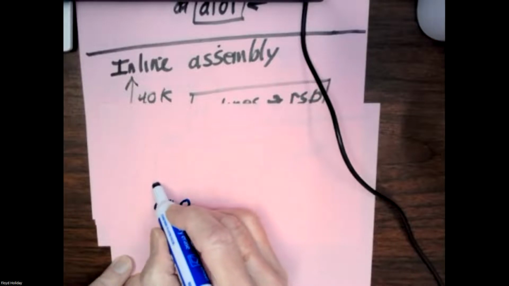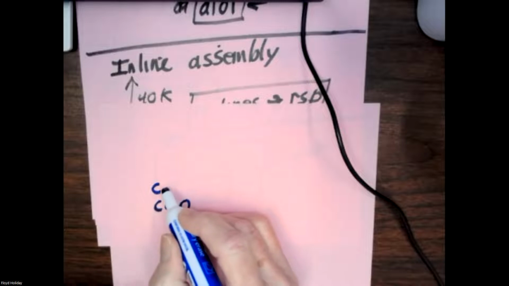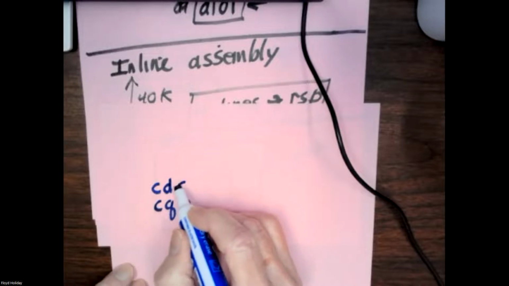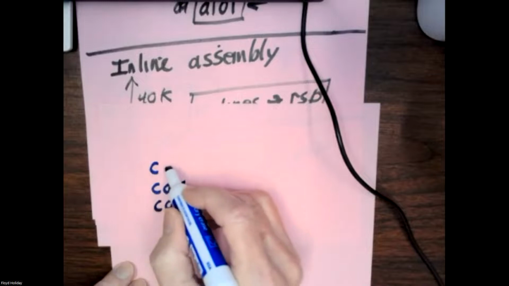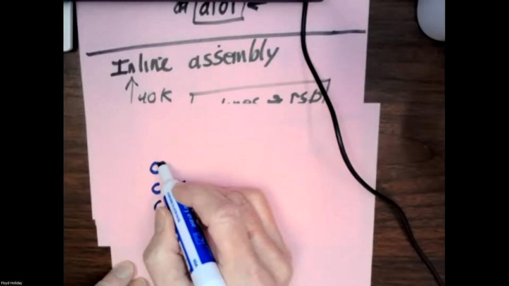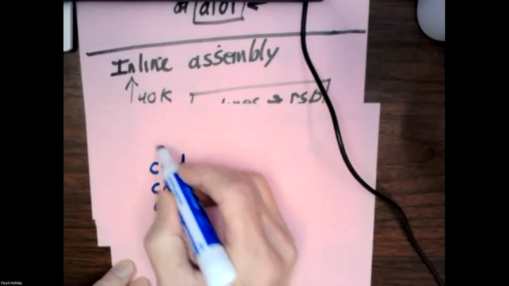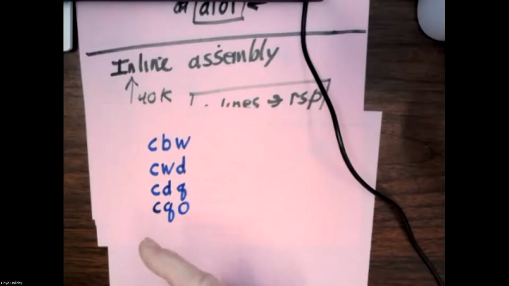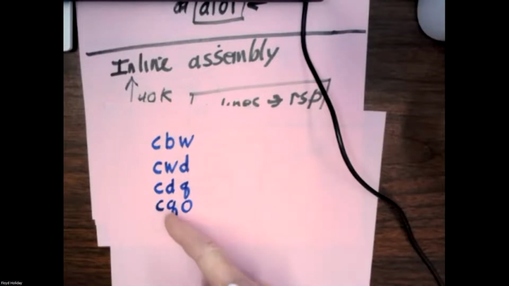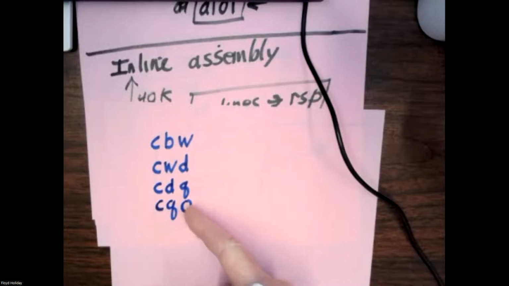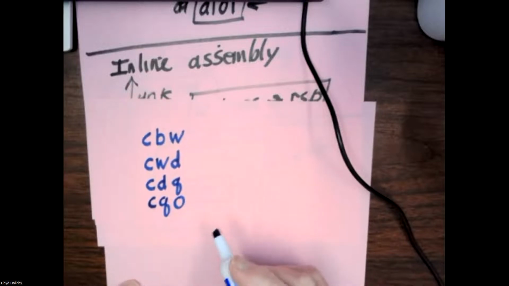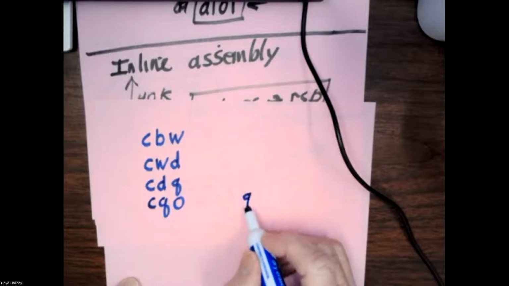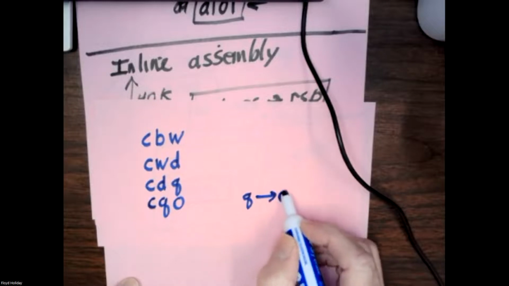CQO, and before that came CDQ. Before that came CWD, and before that came CBW. Okay, so the C means convert, the Q means quad, and the O means octal. So this is from quad word to octal word.